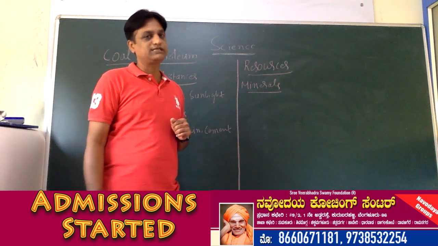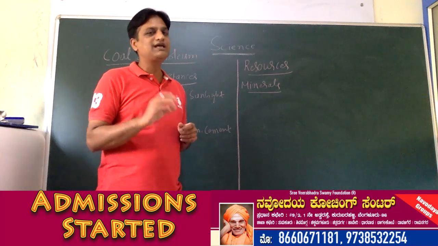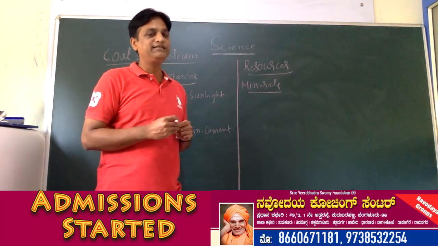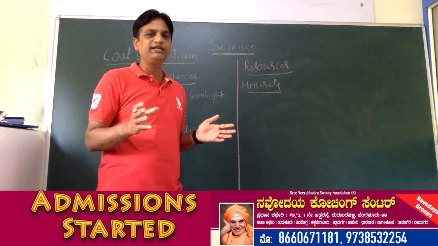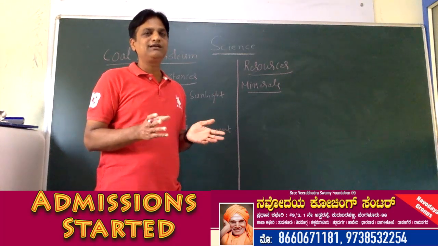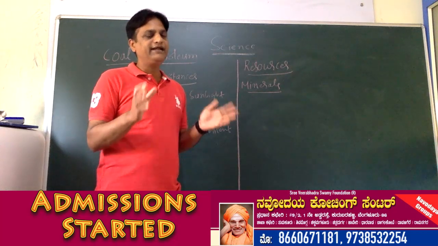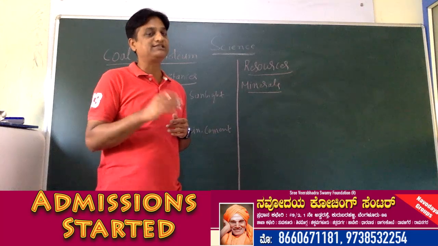So materials that are available in plenty and useful for mankind are called resources. And some resources available in nature are present in plenty and are not going to get exhausted. Similarly, there are some resources found in nature which are present in limited quantity, and after usage they are going to get exhausted.